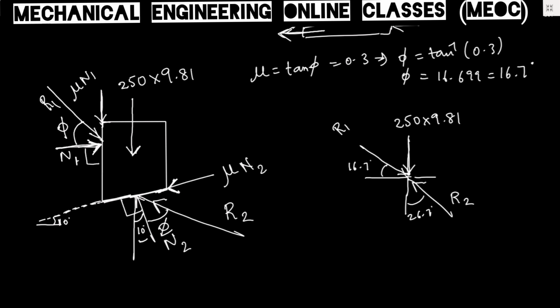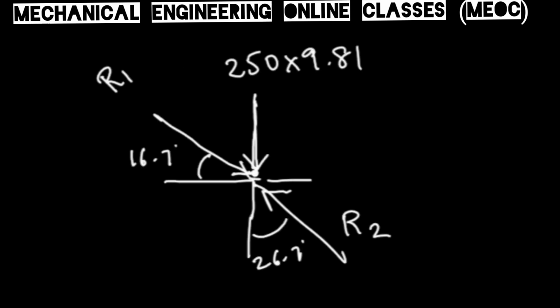So in the FBD, once the FBD is done, now the body can be assumed to be a point whose weight is acting from its center of gravity. So the body is shown as that point which is its center of gravity, and all other forces acting on the block are acting through this center of gravity. So this assumption will help us use Lami's theorem for quick results.